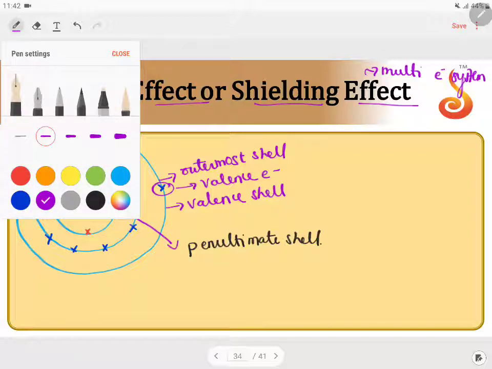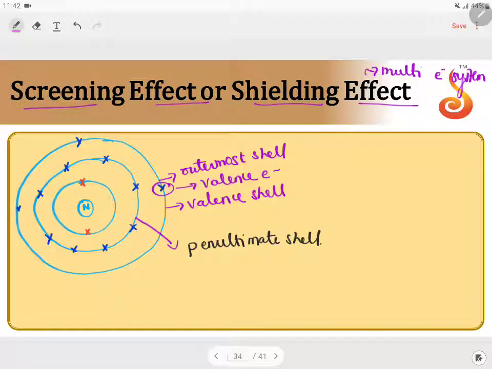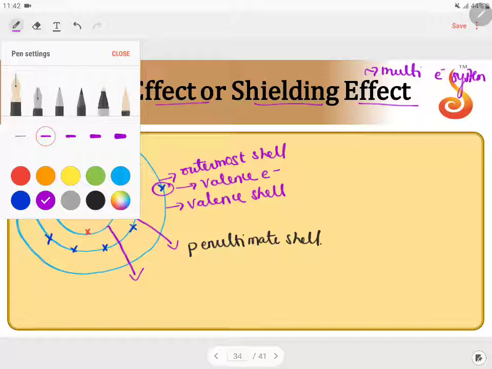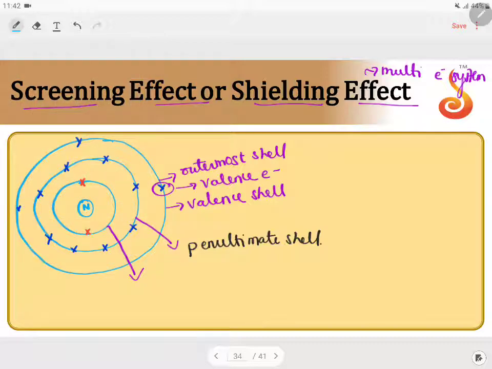And the other one is anti-penultimate shell.